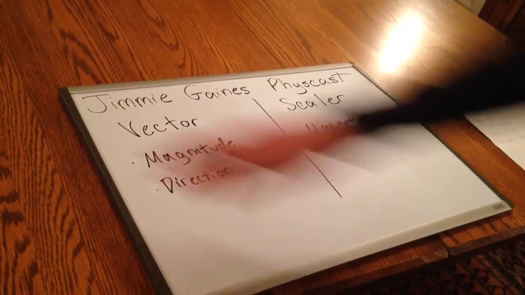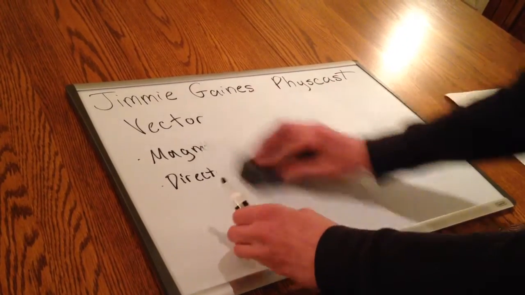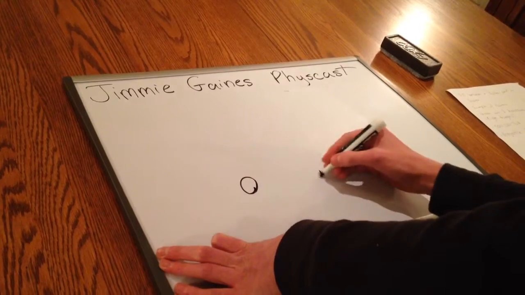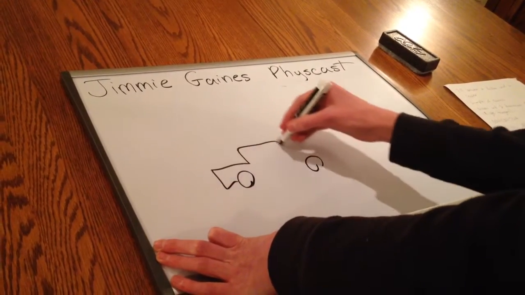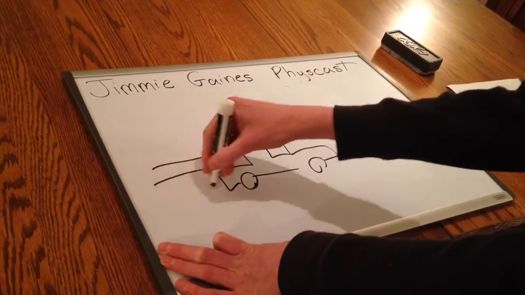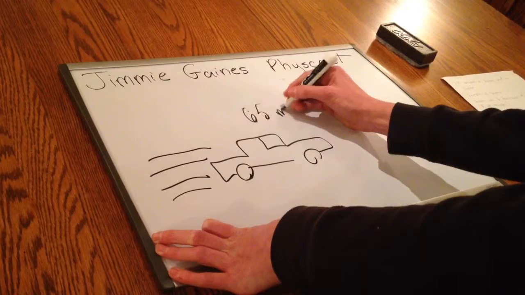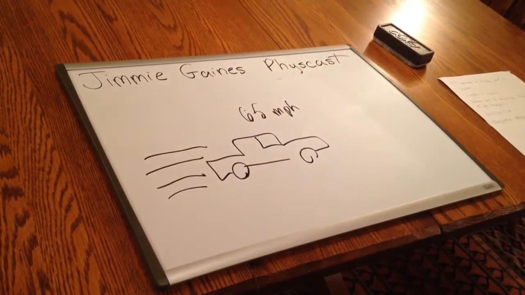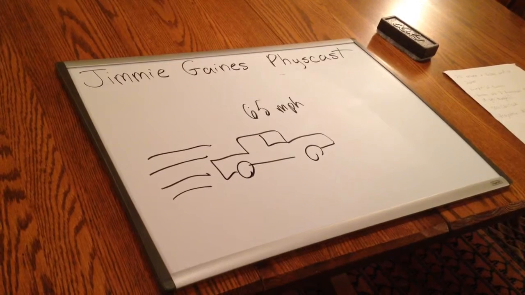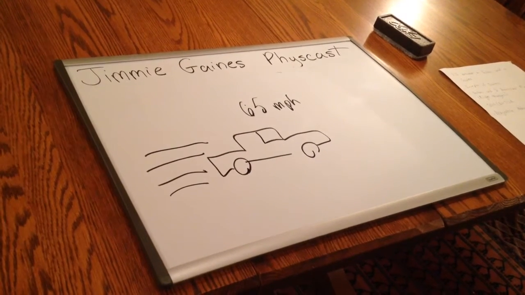And to just show you an example of this, when you're traveling in a car along the highway, you'll look at your speedometer and it might say 65 miles per hour. And that is a scalar. It is measuring your speed, and if you were traveling in the opposite direction, it would also say 65 miles an hour.